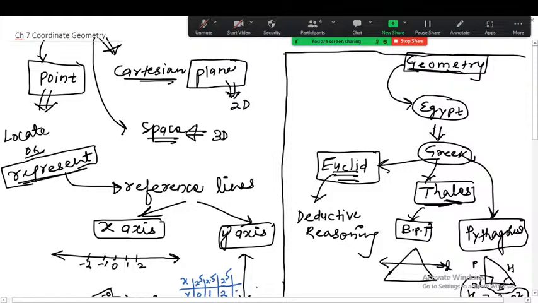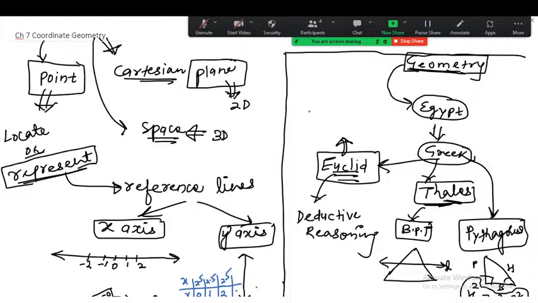Earlier the point was a part of geometry, and today as well. Euclid defined the point as an entity that has no part. It was defined by Euclid in ancient times.